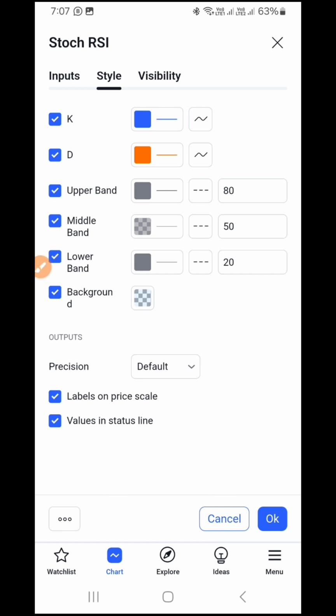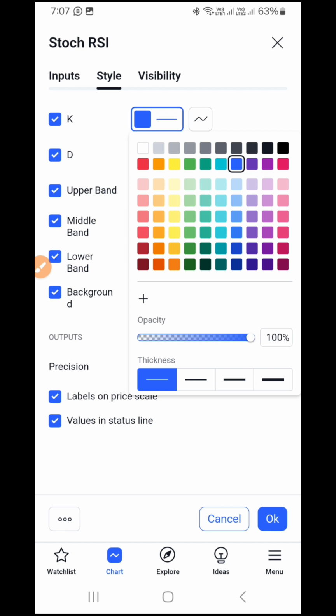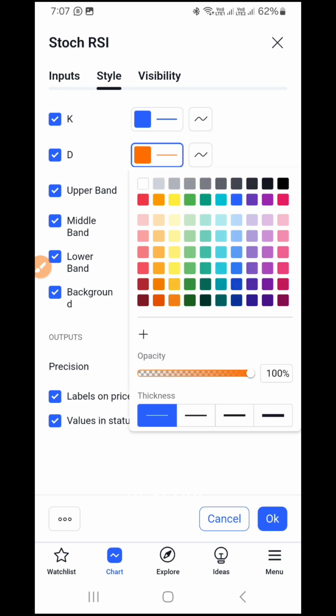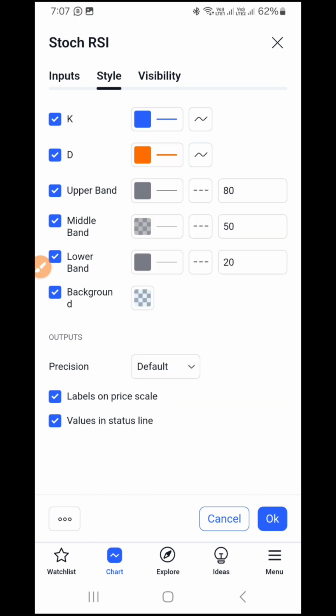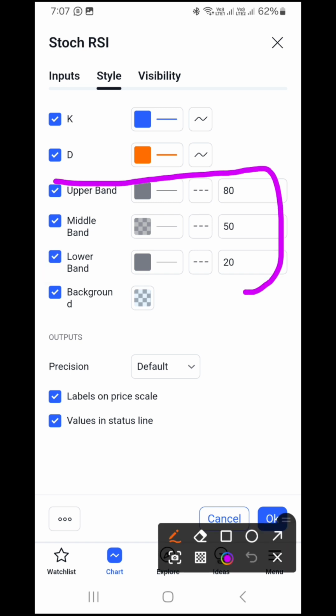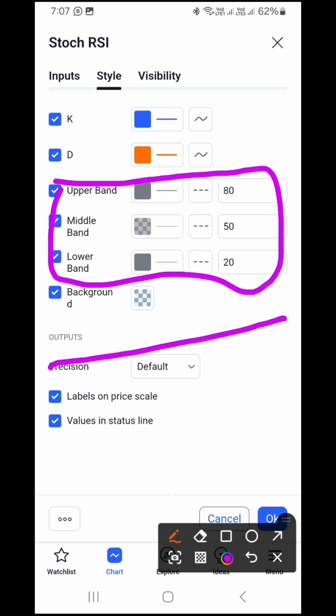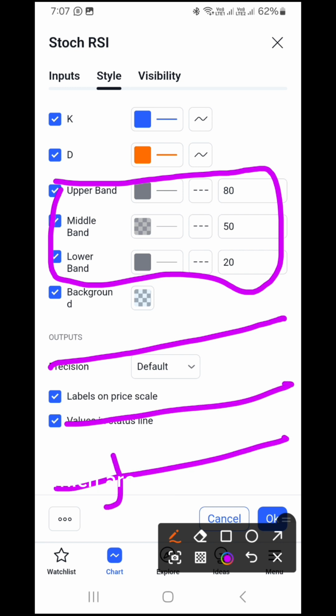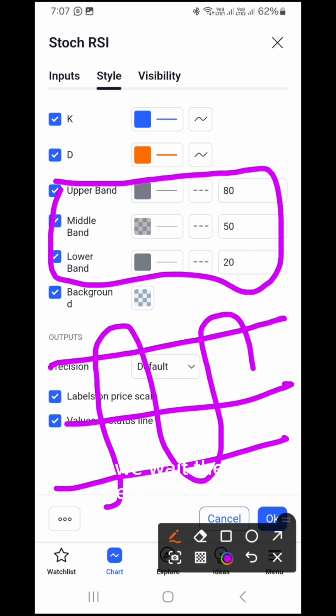You can try to thicken the line if you want it thick, and opacity we leave on 100, then okay. You go to the next one, you can also put it in a thick line, then opacity is 100, then okay. So we go to these bands, meaning the three lines, 1, 2, 3, on the stochastic RSI, where the ribbons flow.